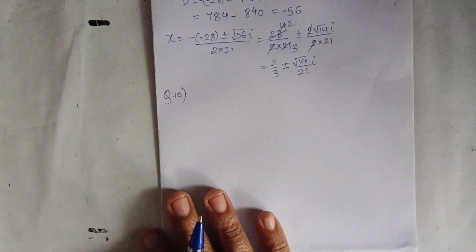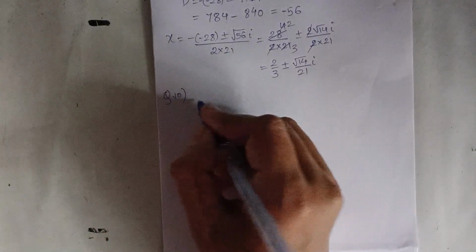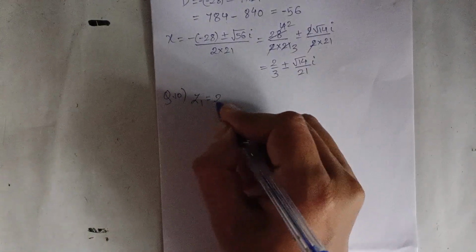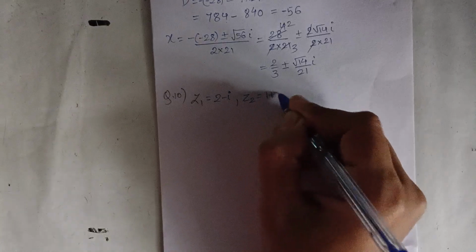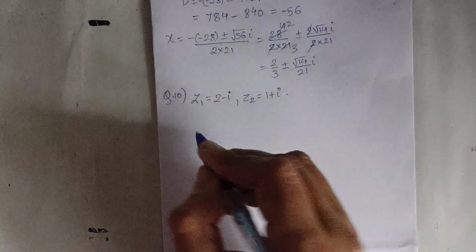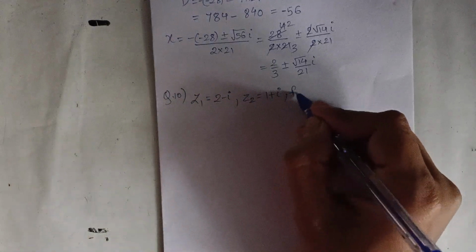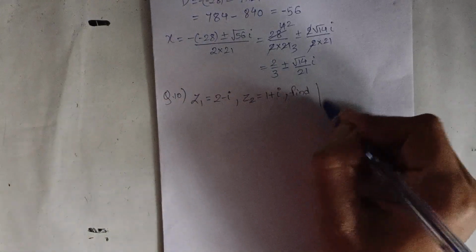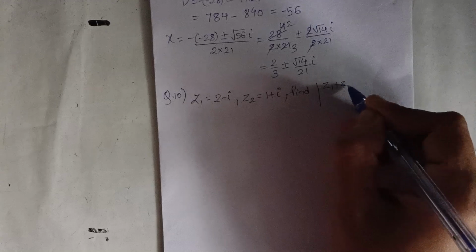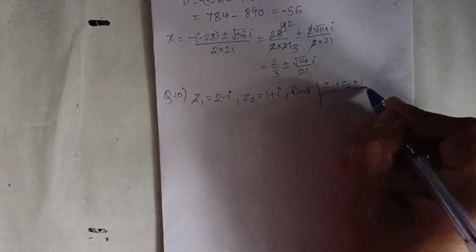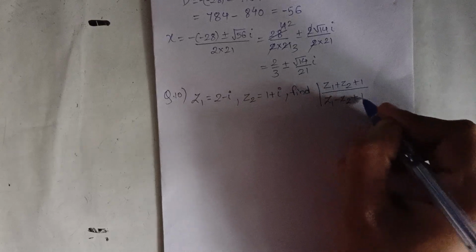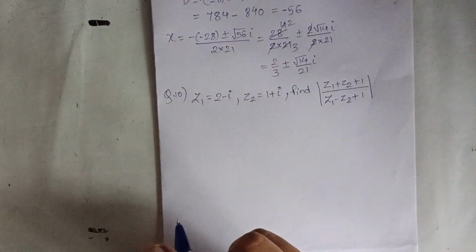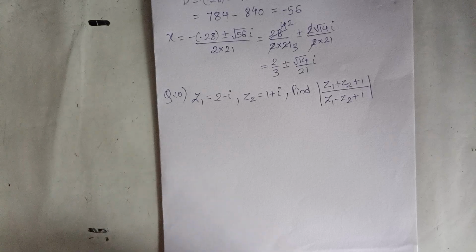In question 10, it is given z1 is 2 minus i, z2 is 1 plus i. We have to find z1 plus z2 plus 1 upon z1 minus z2 plus 1. Okay.